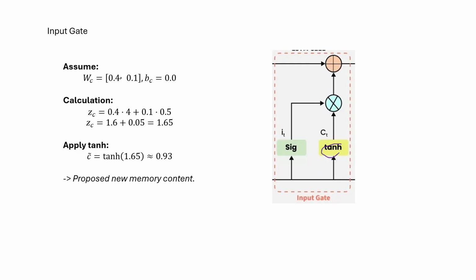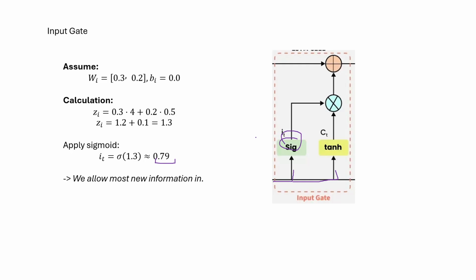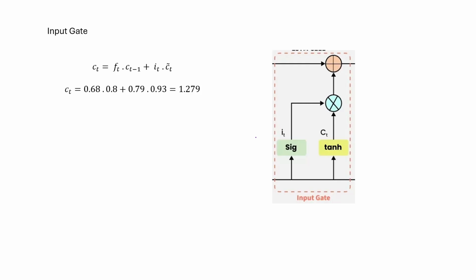For this part, we get this value, 0.93. This is the proposed new memory content. So 0.93 would be multiplied by our previous percentage of 79%. This is what we did here.